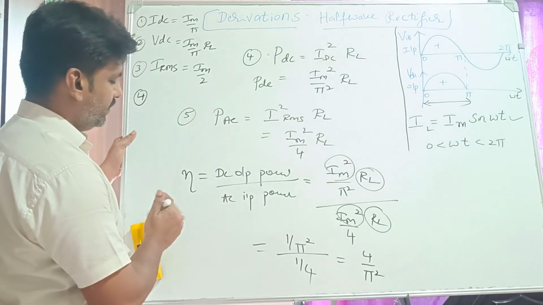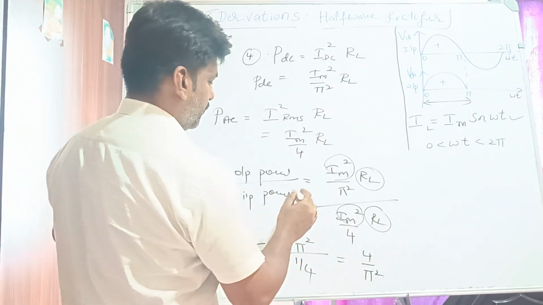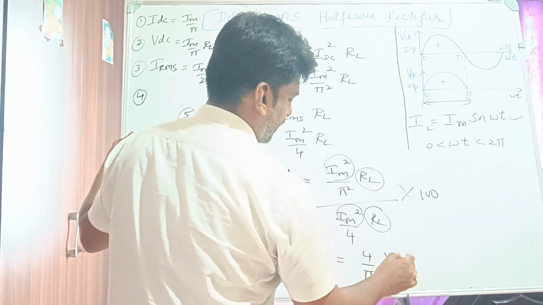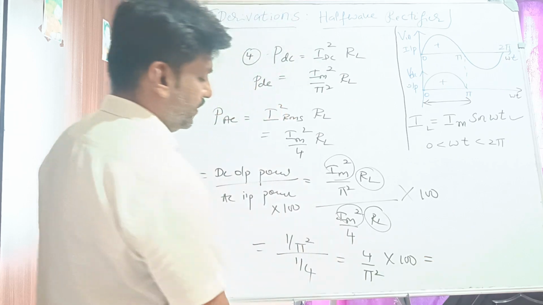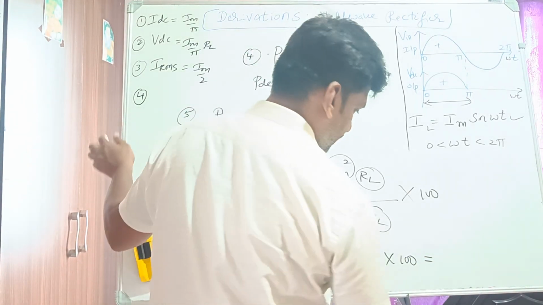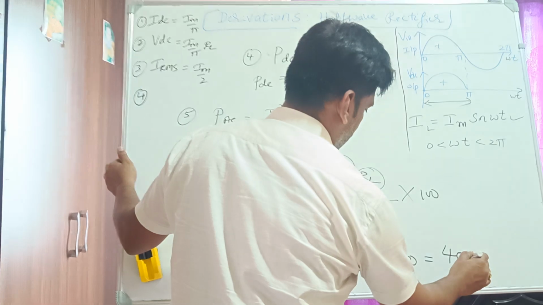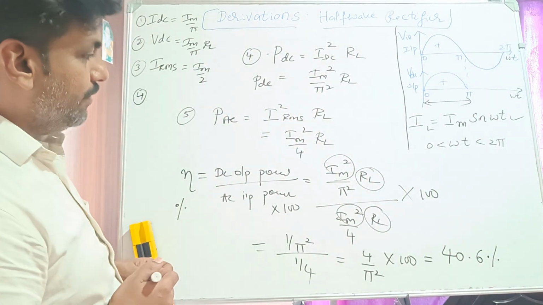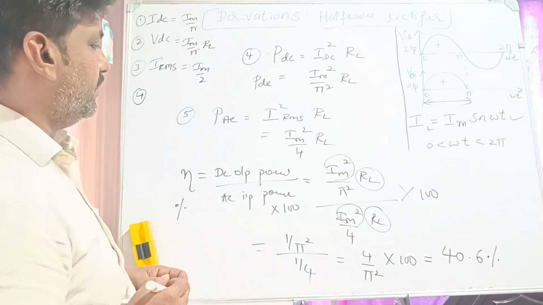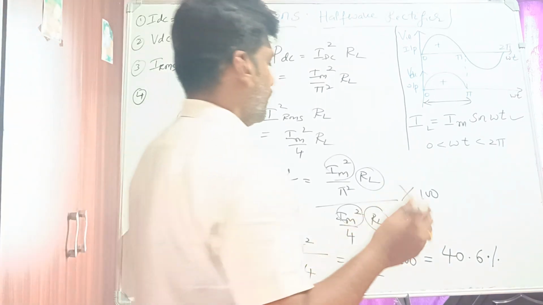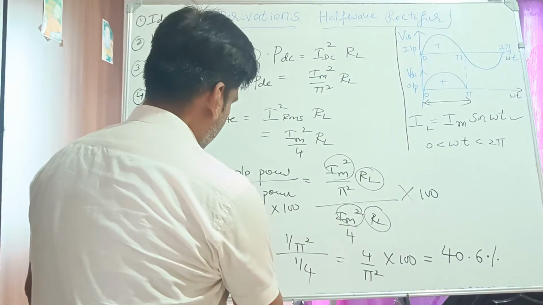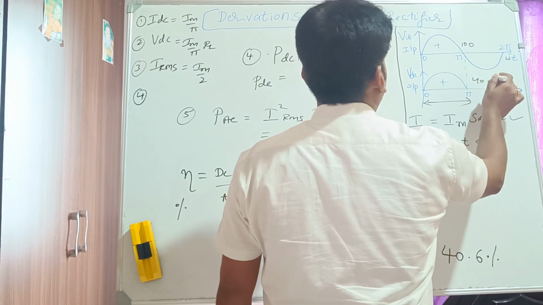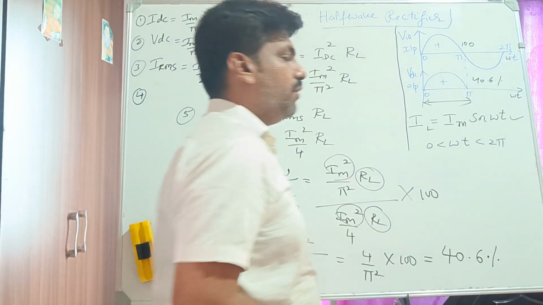When you are writing the efficiency, you will write efficiency in terms of percentage. So you should multiply it by 100, right? So efficiency 4 by pi square, and you should calculate this. So we are going to get this as 40.6%. 4 by pi square into 100, you will get it as 40.6%. So the meaning of that is, here the power, that is efficiency, if I am sending you 100 at the input, I am able to get only up to 40.6%.